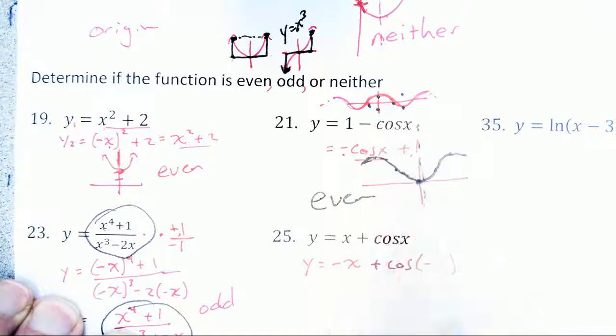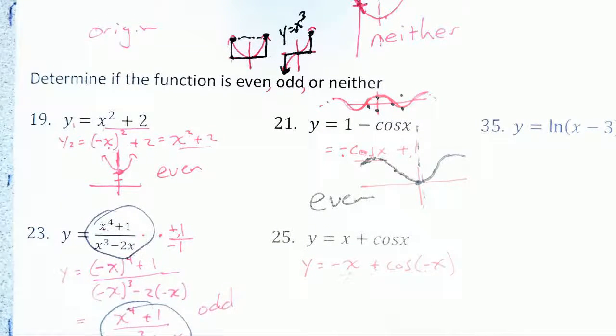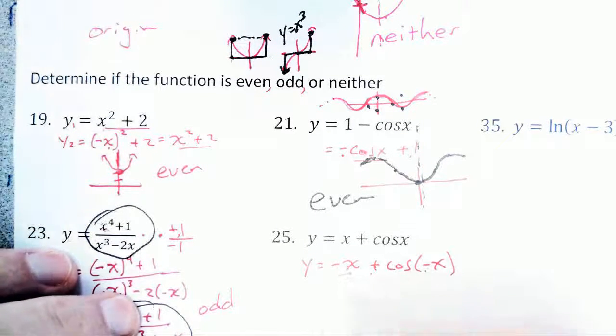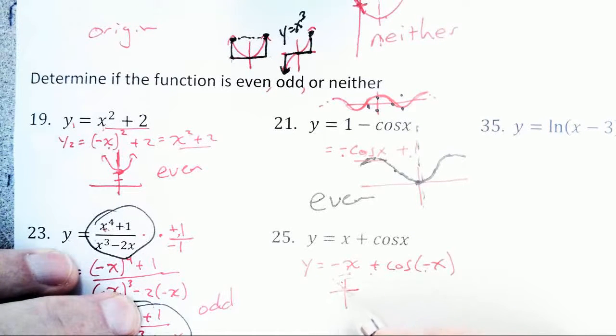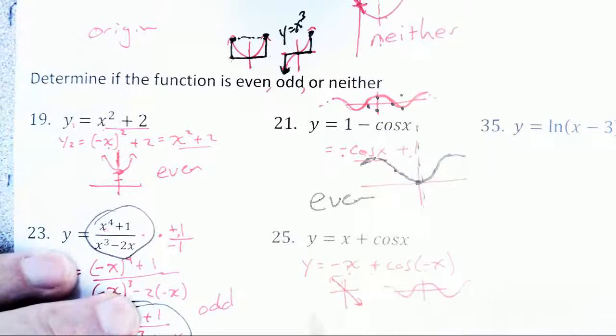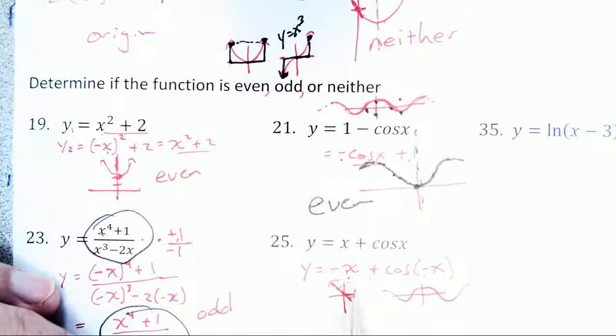So I get that graph, and now I'm subtracting my x values. The bigger the values I get for x, the more I'm adding to this a big negative value, if that made sense. The graph of negative x wants to look like that. The graph of cosine negative x wants to look like this forever.